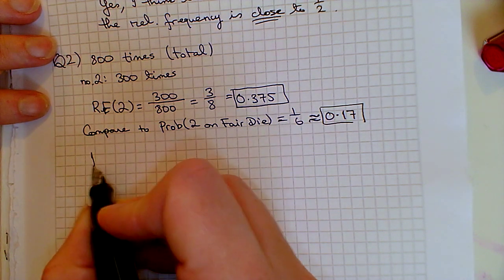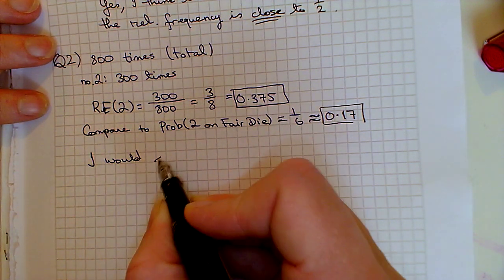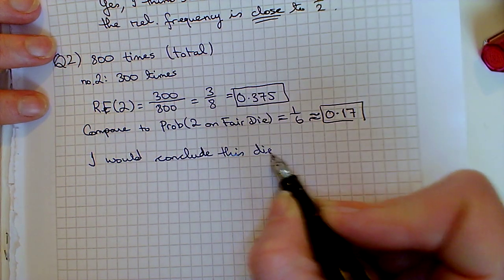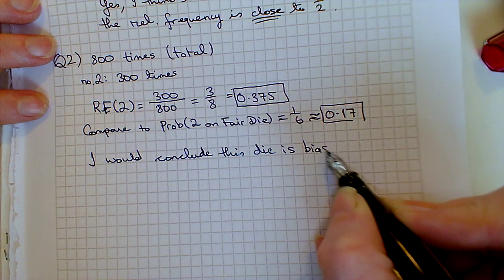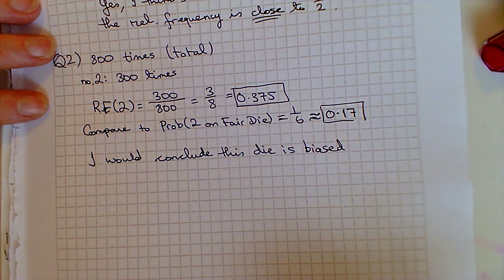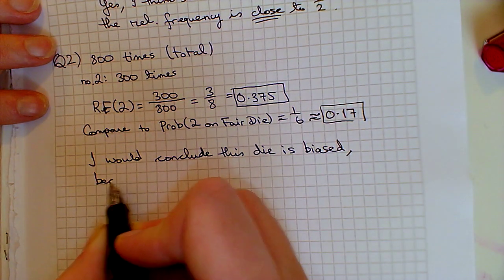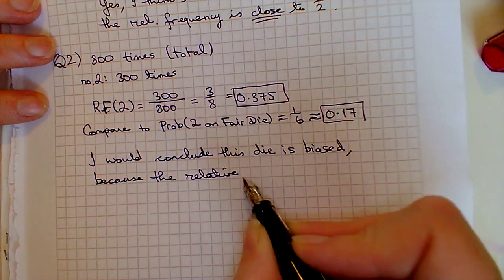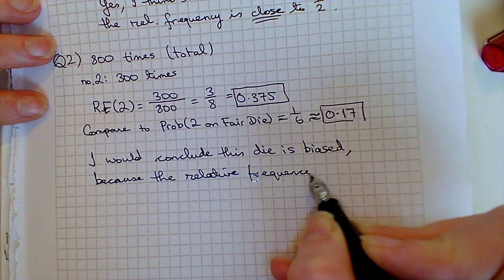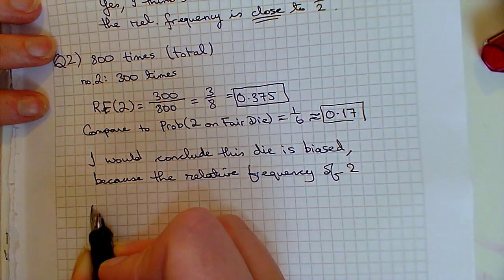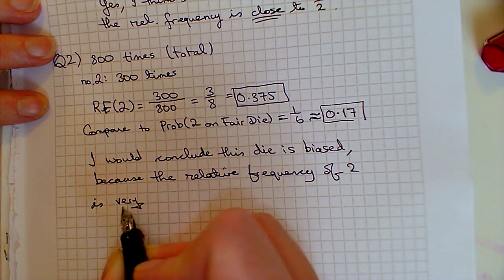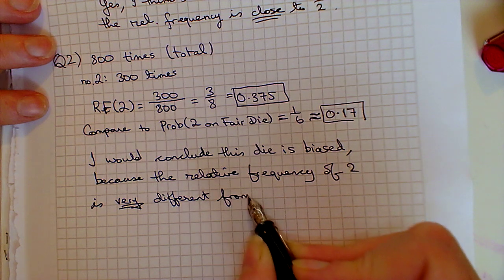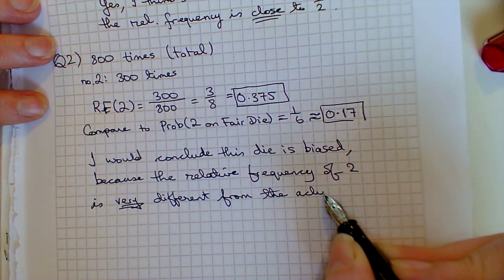So I would conclude that this die is biased, or loaded, as the book told us was another word for it. Conclude that this die is biased because the relative frequency of 2 is very different from the actual probability.